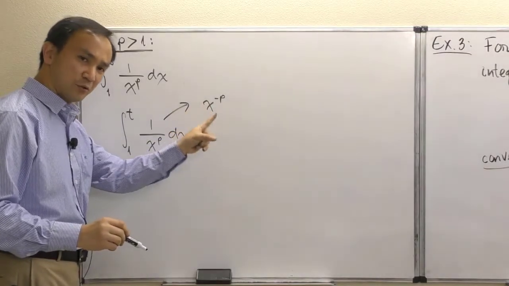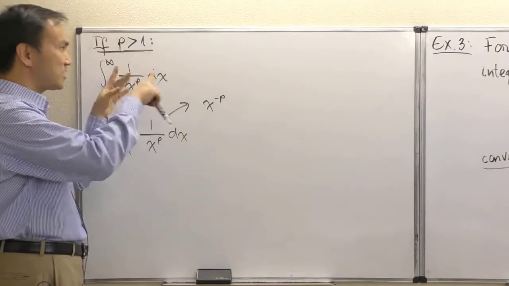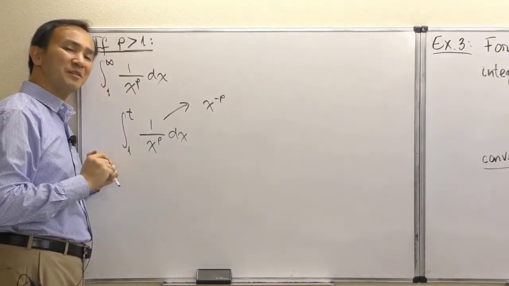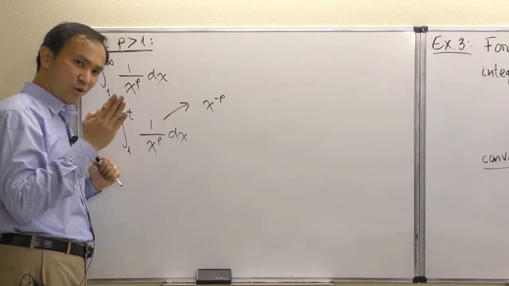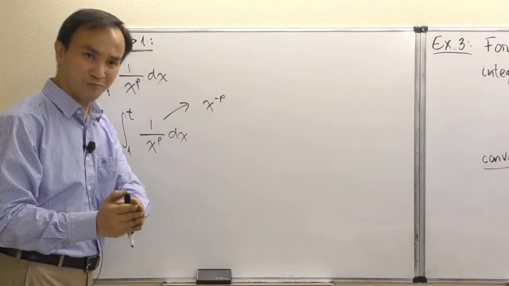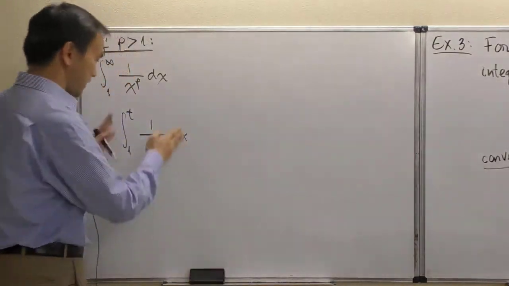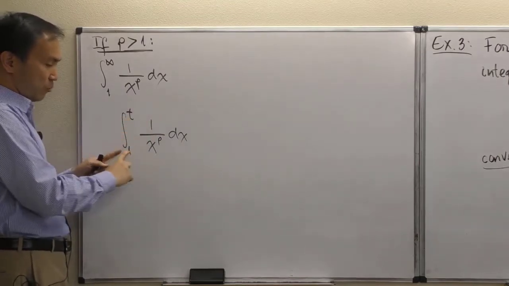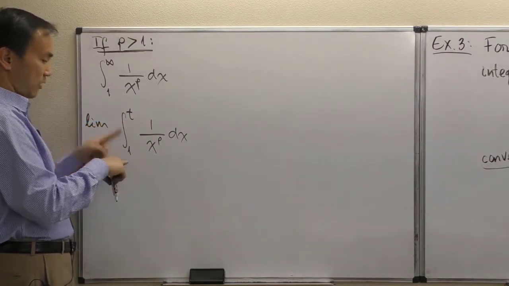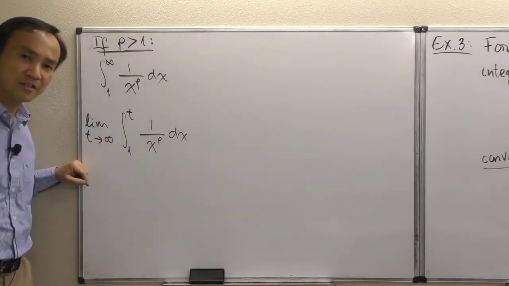The power rule will eventually be very applicable here, and that's why it's worth paying separate attention to the case where p is greater than 1. Earlier, where p was equal to 1, we had to treat that as a logarithm when we take the antiderivative. But let's save that for later. In the end, on this arbitrary definite integral from 1 to t, we need to take the limit letting t approach positive infinity.